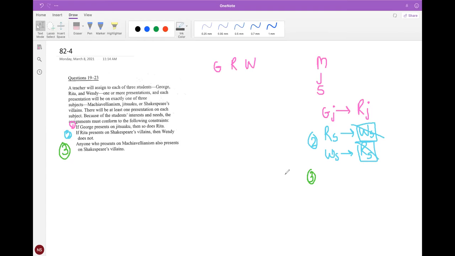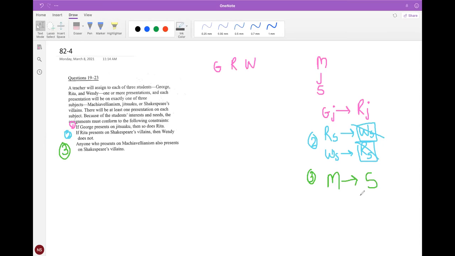Anyone who presents on M, I would write a dash, and then M, and an arrow, and then also S. Yeah, I would just do M and S, to be honest.